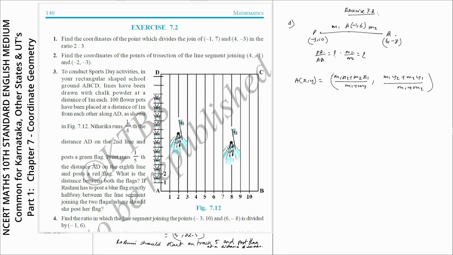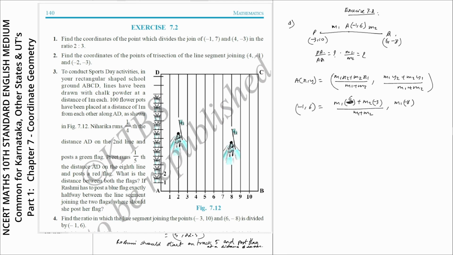So the coordinates of A are already known: -1, 6. So -1, 6 is equal to M1, we don't know. Substitute the values of x1, x2 and y1, y2 here. So x2 is 6 plus M2, x1 is -3. Sorry, here I have made a mistake. x2 is 6.